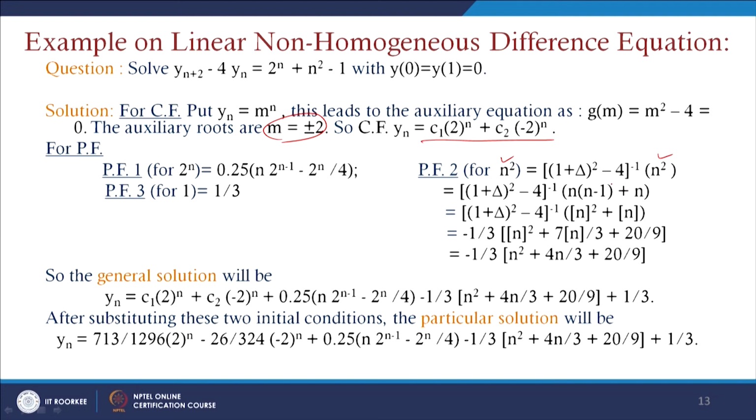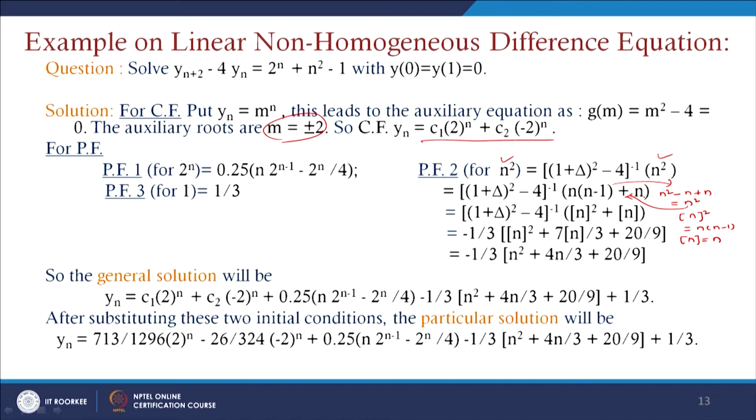So, if you see this part here, it can be written as n square minus n plus n, which is nothing but n square here. And if we want to write this n square in factorial form, then factorial n square can be written as n into n minus 1, and factorial of n can be written as n only. So, that is why we can shift this n square value in the form of n into n minus 1 plus n here.